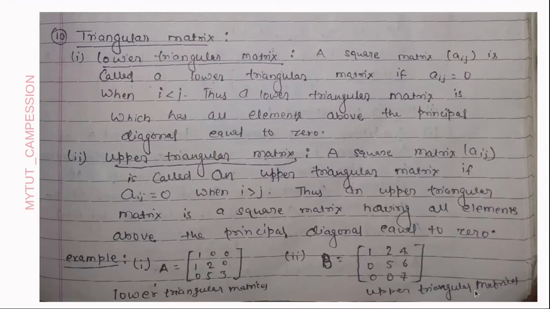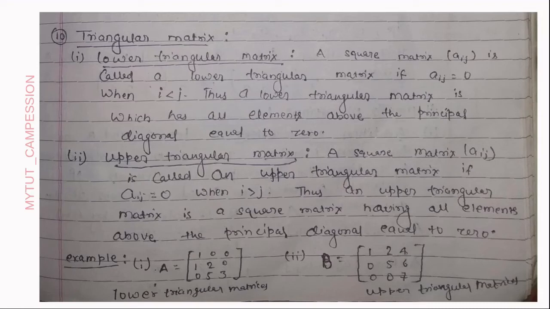Now we will discuss the triangular matrix. There are two types of triangular matrix: lower triangular matrix and upper triangular matrix. Now we will define them one by one. First we see the lower triangular matrix. A square matrix Aij is called a lower triangular matrix if Aij equals 0 when i is less than j.